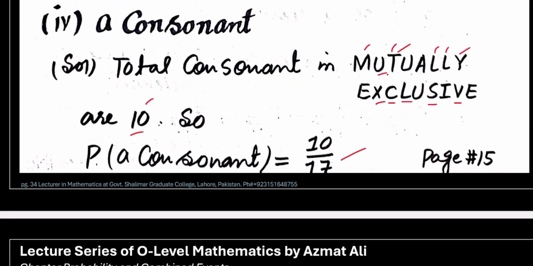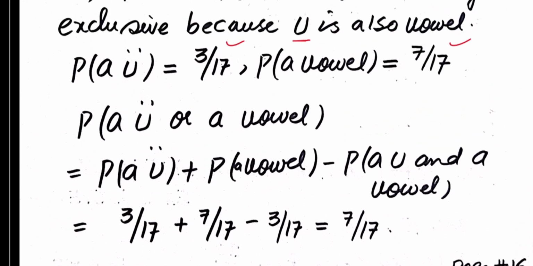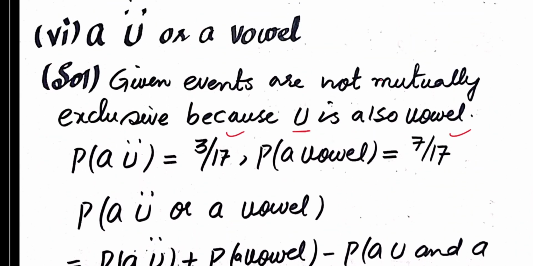First vowel is U, again U, third is A, fourth one is E, then U, I, E. These are 4 and these are 3, 7.